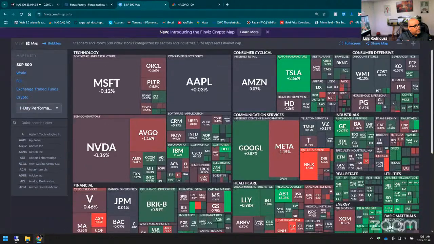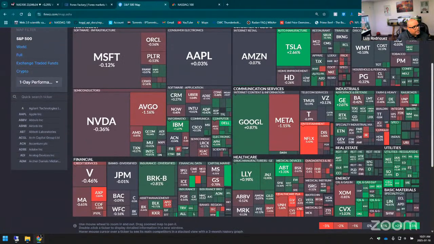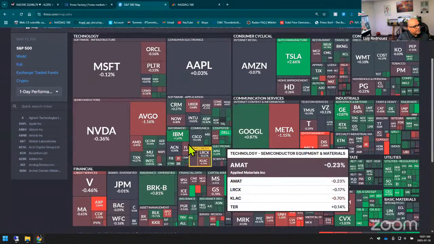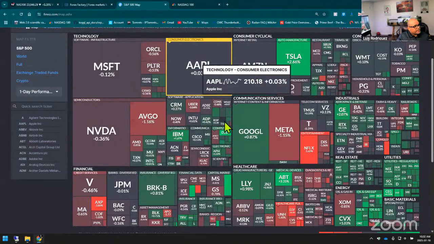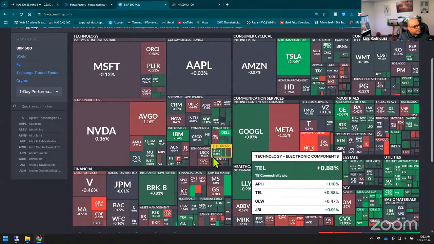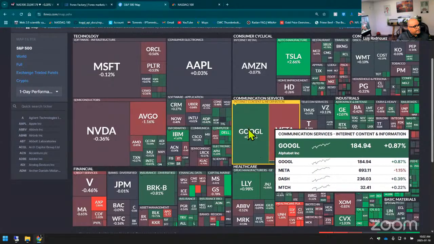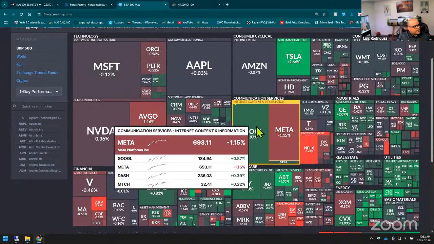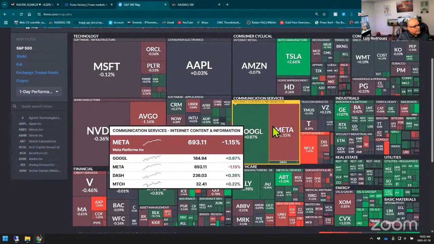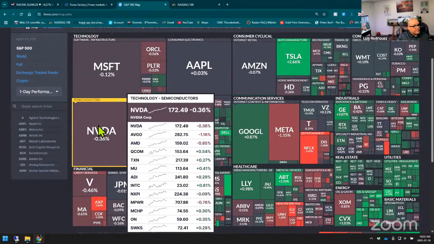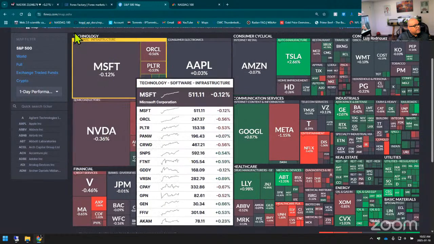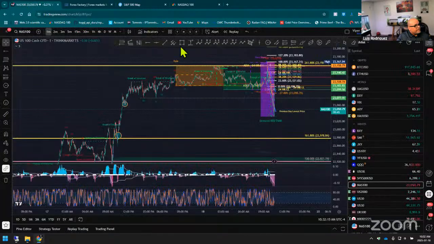You would say, oh yeah, a lot of companies are buying, but these are a lot of small companies compared to the big sharks. Meta and Google right now are almost even, but Apple, Microsoft, Nvidia are in the negative. So as a result, you see the market collapsing, moving in one direction.